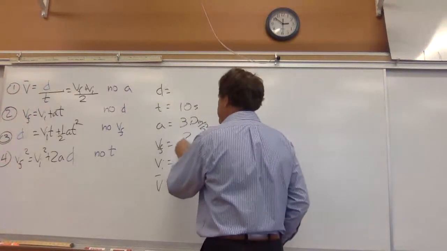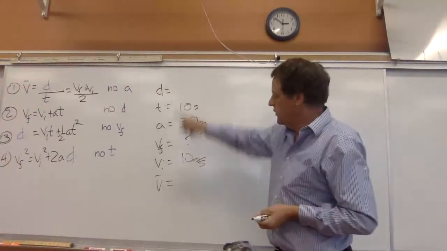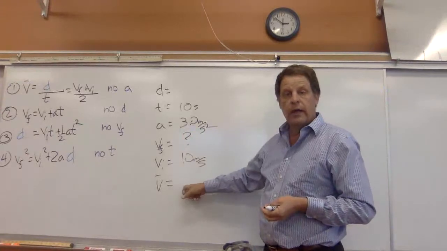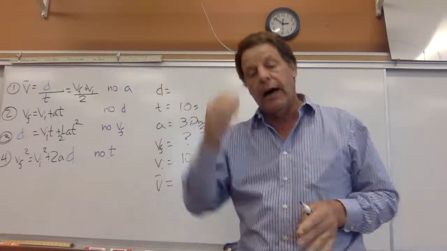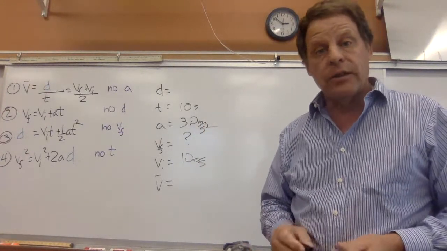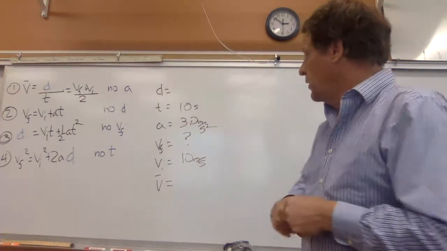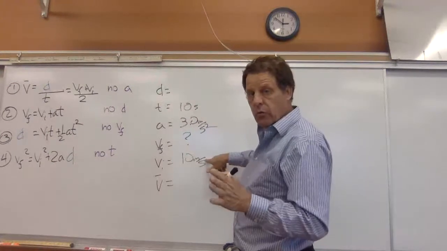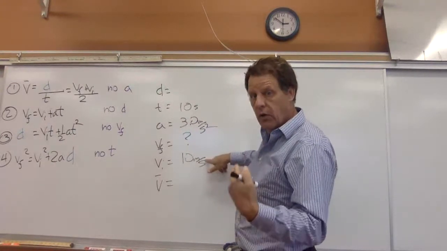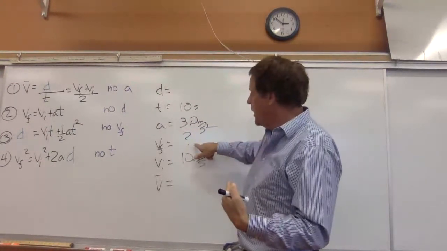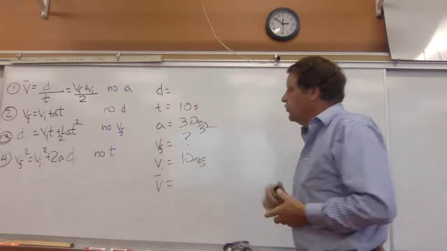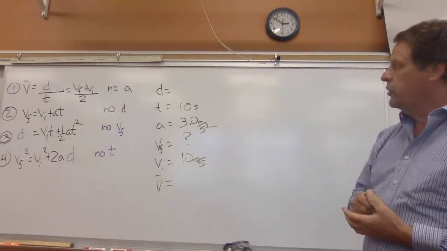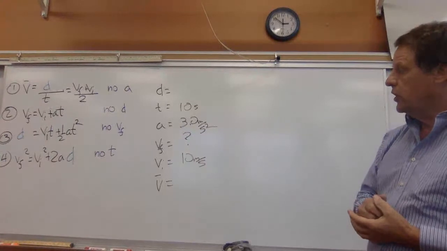Okay. Even though we don't know distance and we don't know the average velocity, they're not asking us or giving us this. So we basically have 1, 2, 3 variables which are given, the knowns, and we have 1 unknown. Now we want to identify which equation we're going to use.